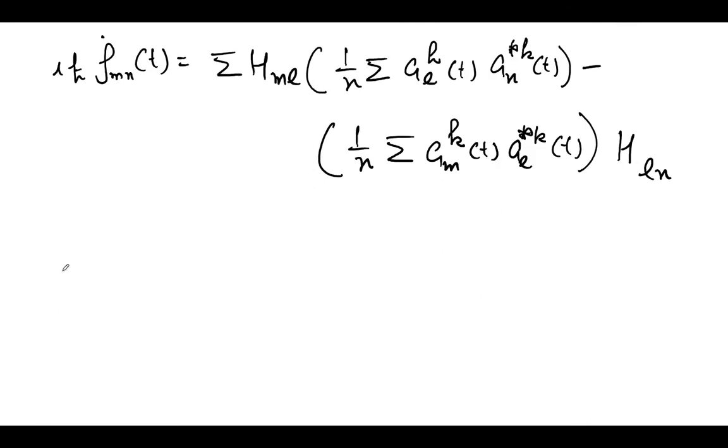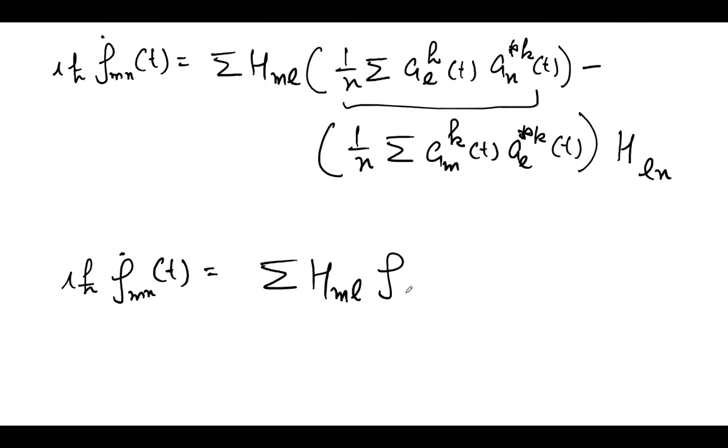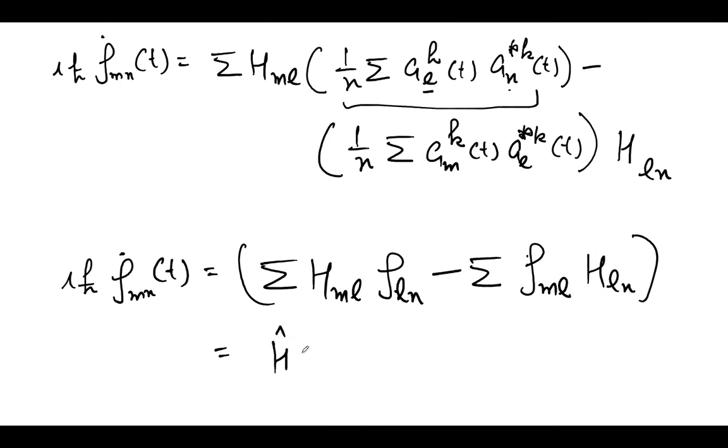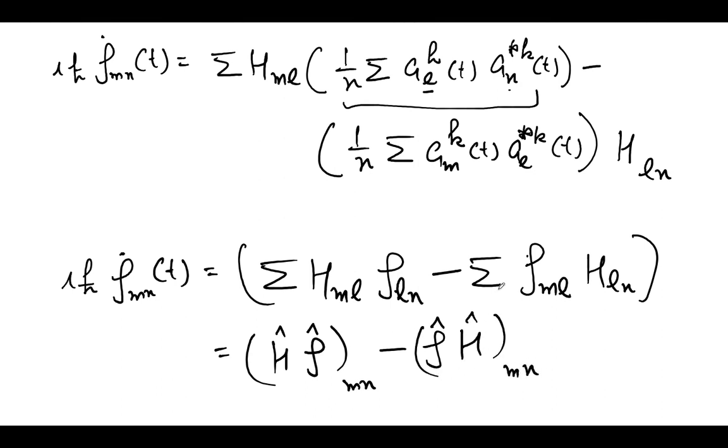Solving this, I can write iħ ∂ρ_mn/∂t equal to summation of H_ml, and this is our density operator ρ_ln, minus summation of density ρ_ml into H_ln. So we can write this as operator H, operator ρ, the density operator for these two systems mn, minus ρH for mn.